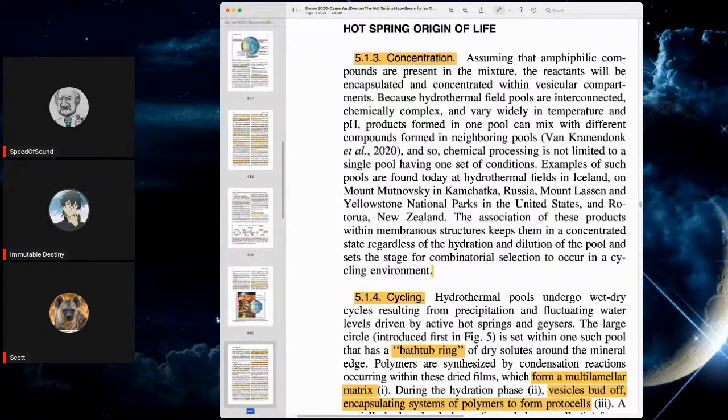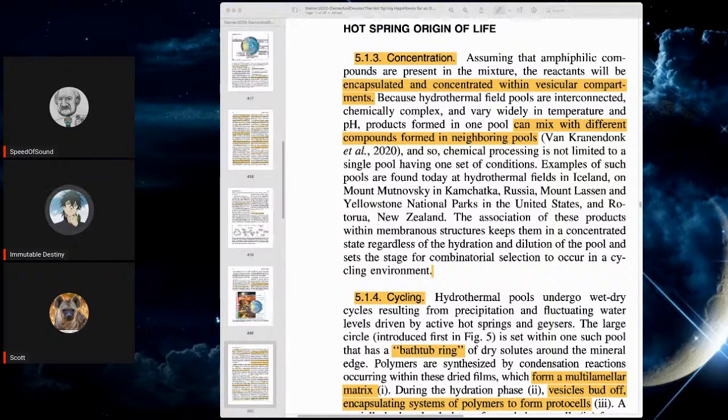5.1.3, concentration. Assuming that amphiphilic compounds are present in the mixture, the reactants will be encapsulated and concentrated within vesicular compartments. Because hydrothermal field pools are interconnected, chemically complex, and vary widely in temperature and pH, products formed in one pool can mix with different compounds formed in neighboring pools. And so, chemical processing is not limited to a single pool having one set of conditions.